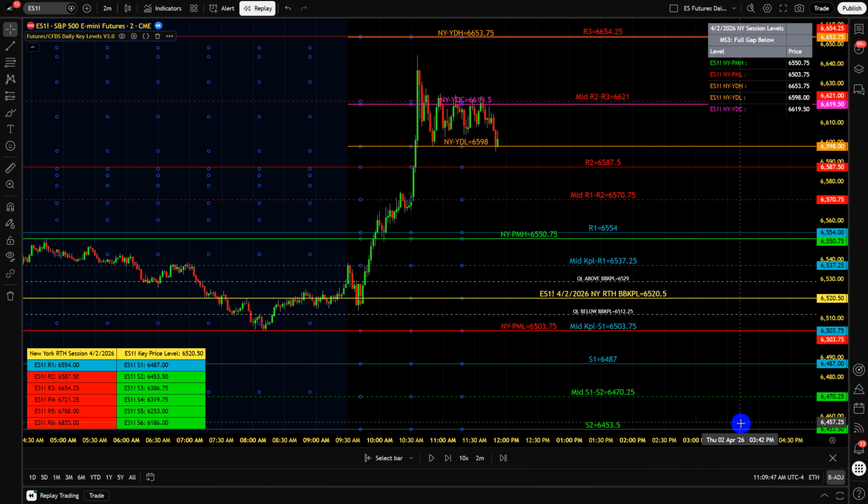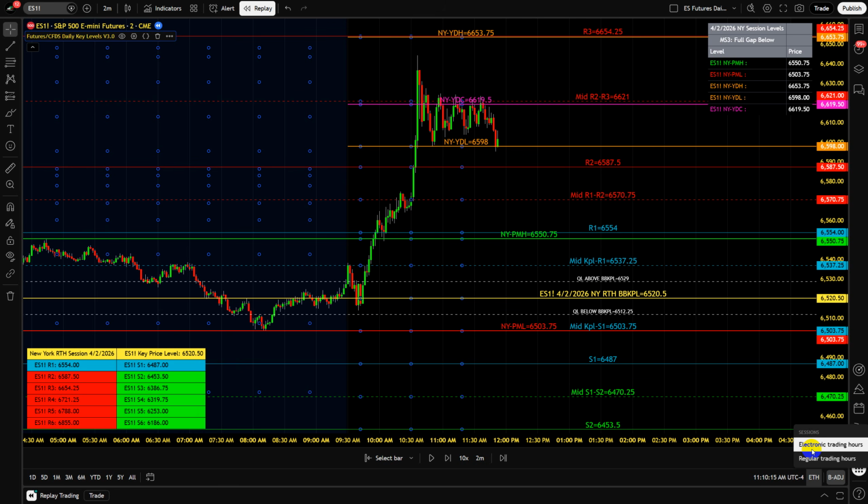Also, if you ever have a symbol that has ETH as well as regular trading hours RTH, any symbol that offers these, you're going to have to use ETH. Sometimes it's listed as electronic trading hours, sometimes it's listed as extended trading hours, depending on the symbol.